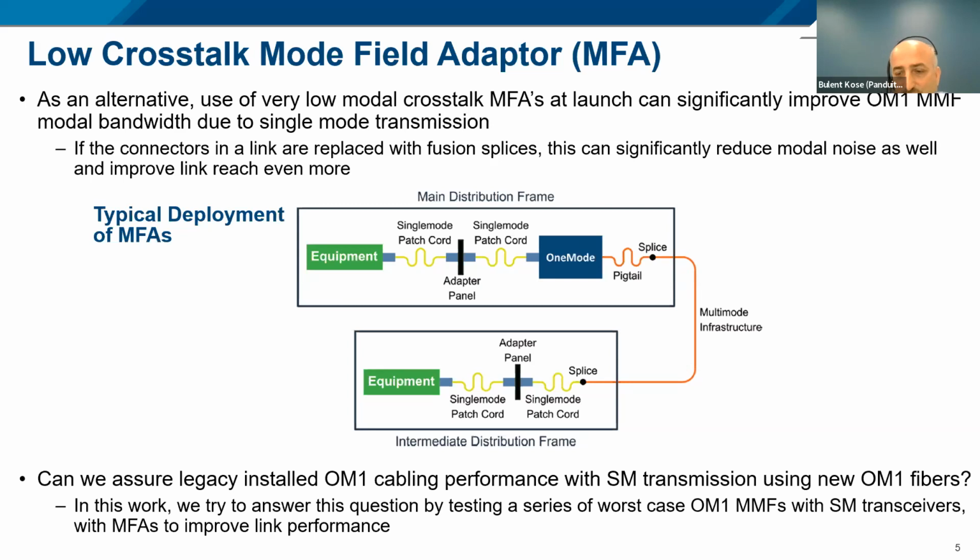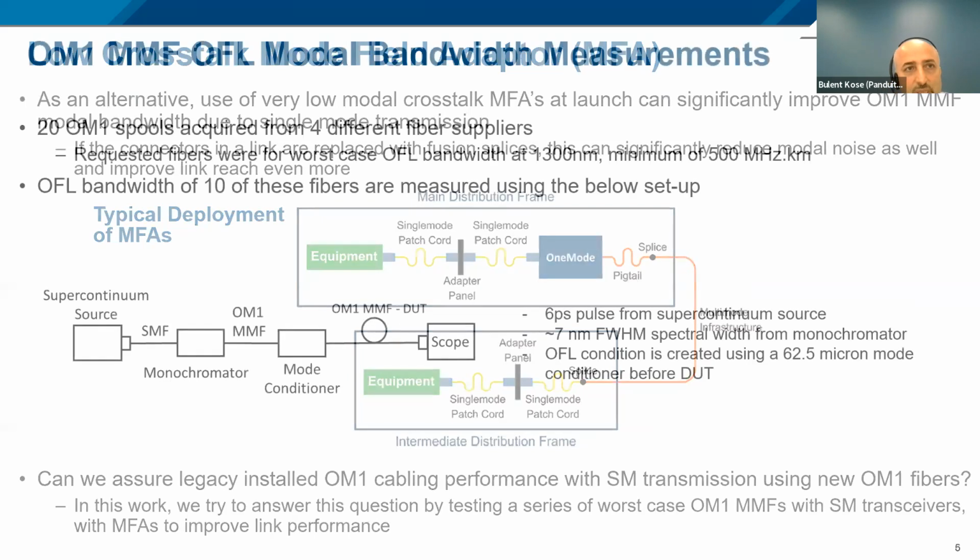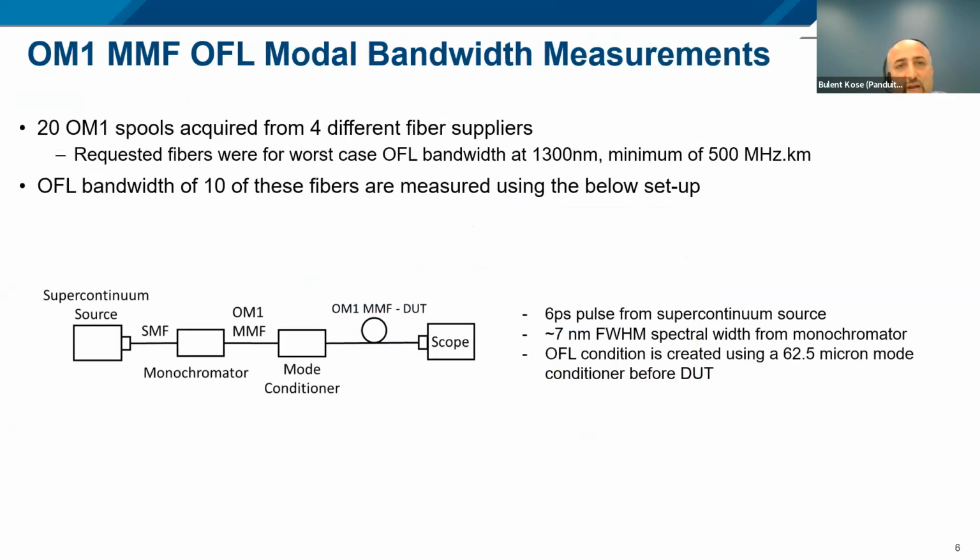In the next couple of slides, I'm going to talk about these OM1 fibers that we looked at and how we characterize them, and then I'll show you that we found some good and worst case performance of these fibers to actually look at the bit error rate performance. The first thing that we've done is we looked at the overfilled modal bandwidth of these fibers.